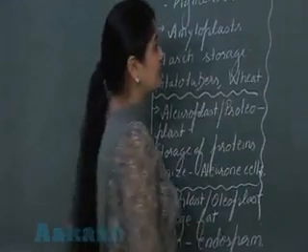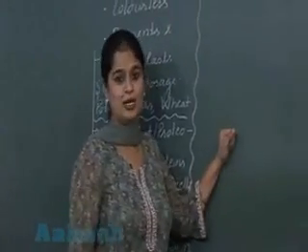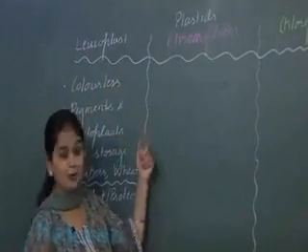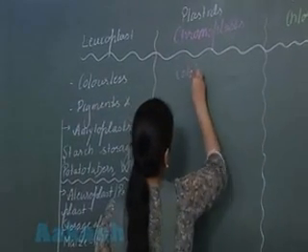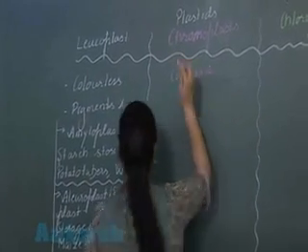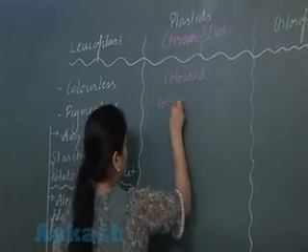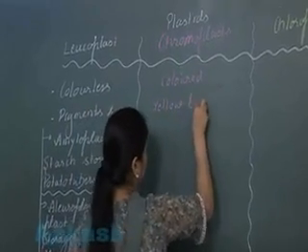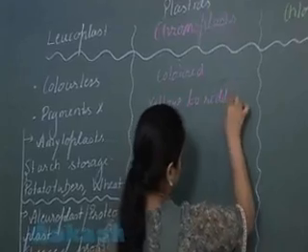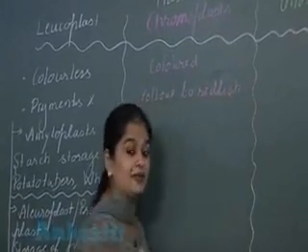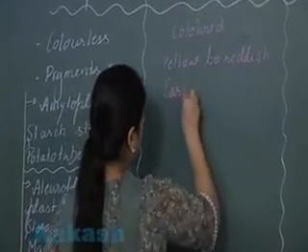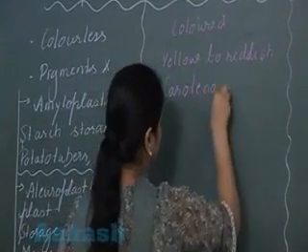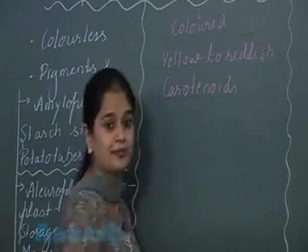Now coming to the next category, that is chromoplast. The chromoplasts are colored plastids. The color ranges from yellow to reddish, and the color of the plastid is due to the presence of pigments which are responsible for this color, that is carotenoids.